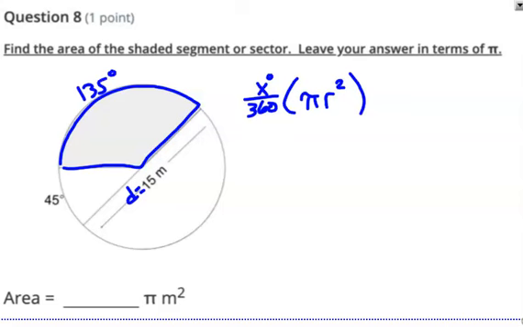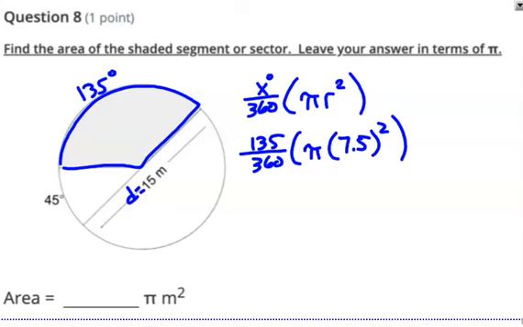Those two numbers, 135 and 45, need to make 180 since it's half the circle. So we have 135 over 360. This is where you have to be really careful. The radius is half of the diameter. So you don't use 15 right there, use 7.5. Again, we've said this a few times now, but this is 3/8.